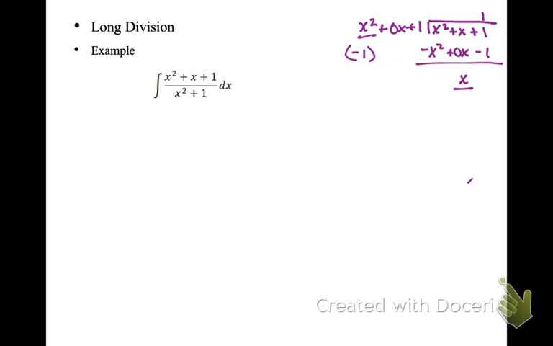Okay, so we can rewrite this integral as the quotient, which is 1, plus the remainder over the divisor. Now we have 2 terms, correct?